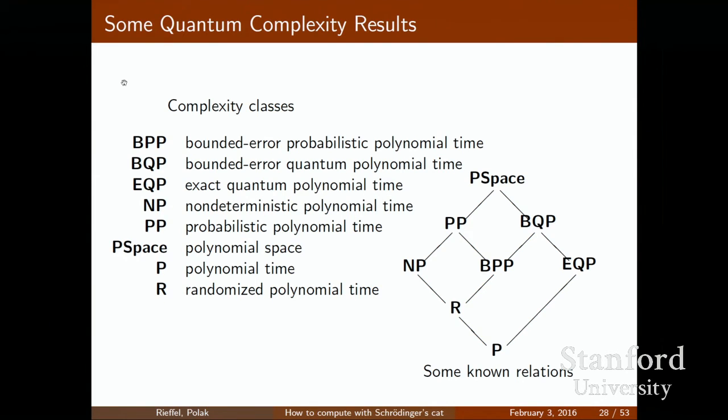All these inclusions are known to be proper, and we don't know anything between NP and BQP. The idea that this exponential quantum parallelism solves all your NP problems is not quite true and unlikely to be true, but we don't know yet. These are some of the important known relations here.